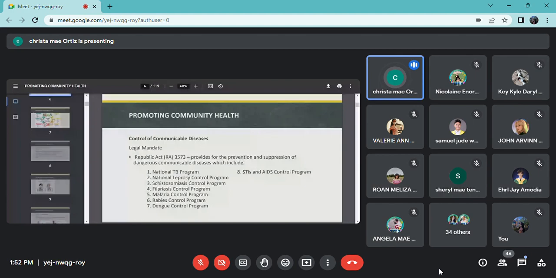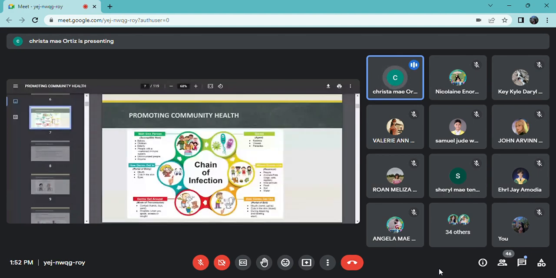So, this is the chain of infection. I do hope you still remember the chain of infection from our lesson. If you have forgotten it now, it's an indication that you have to review the 6 components of the chain of infection.